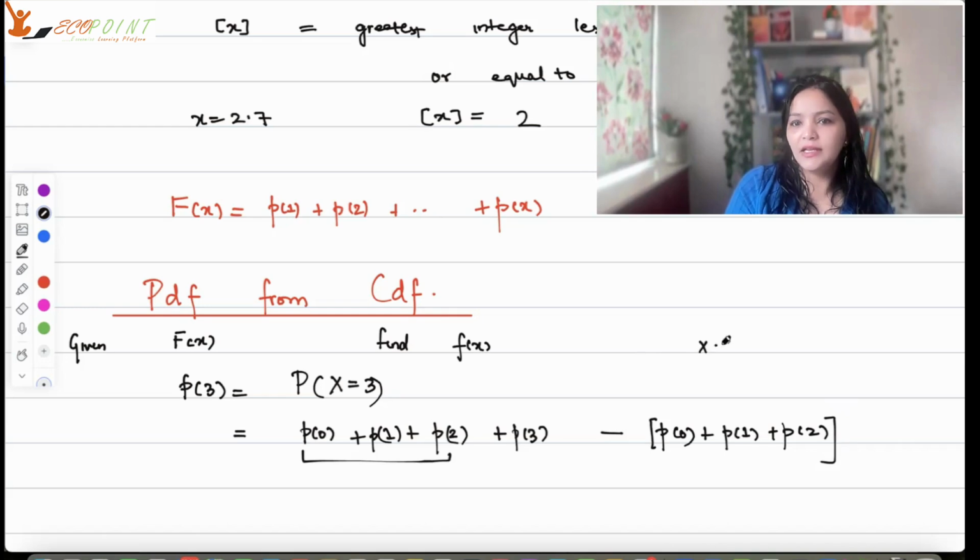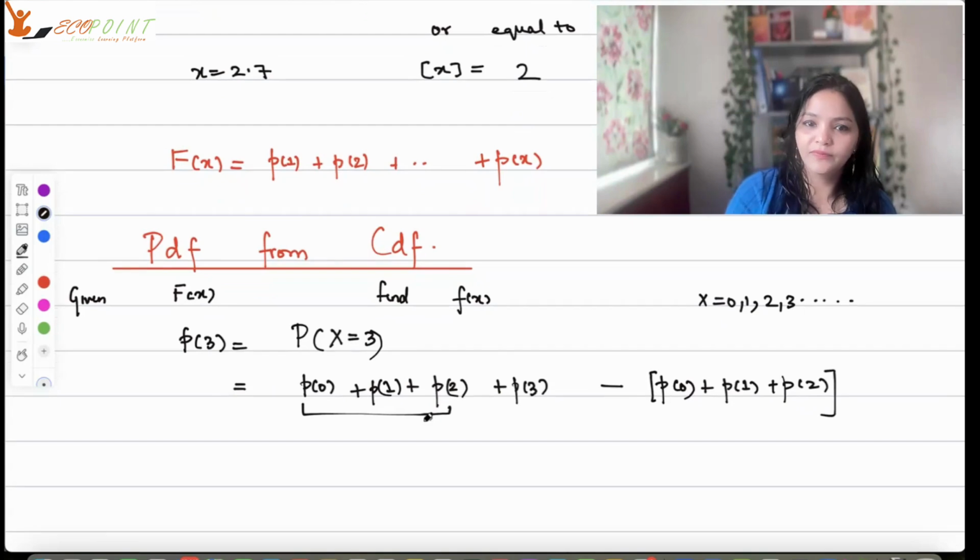I'm not taking a specific example. In any example, say x is taking value 0, 1, 2, 3, and so on, and you are given capital Fx instead of the PMF. So I have to somehow use the CDF. Do you see what? By adding P0, P1, P2, and you already have P3 here, I have actually created the CDF.